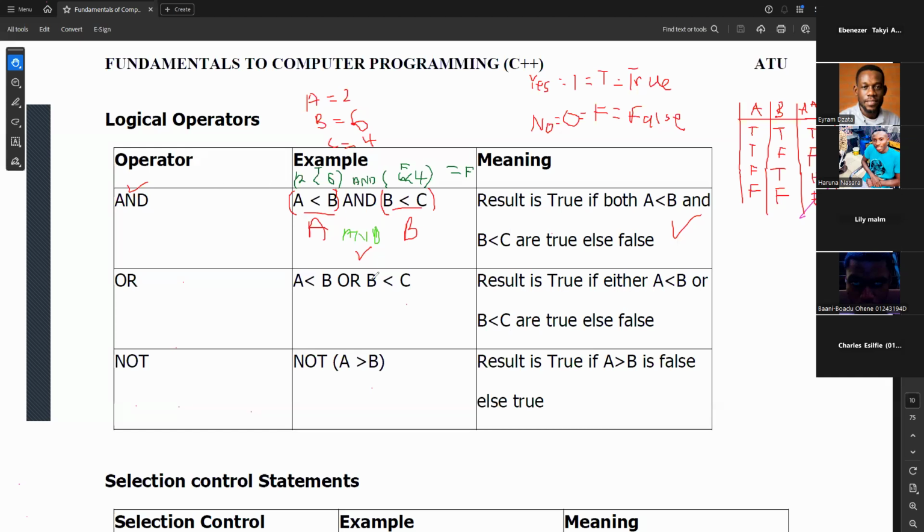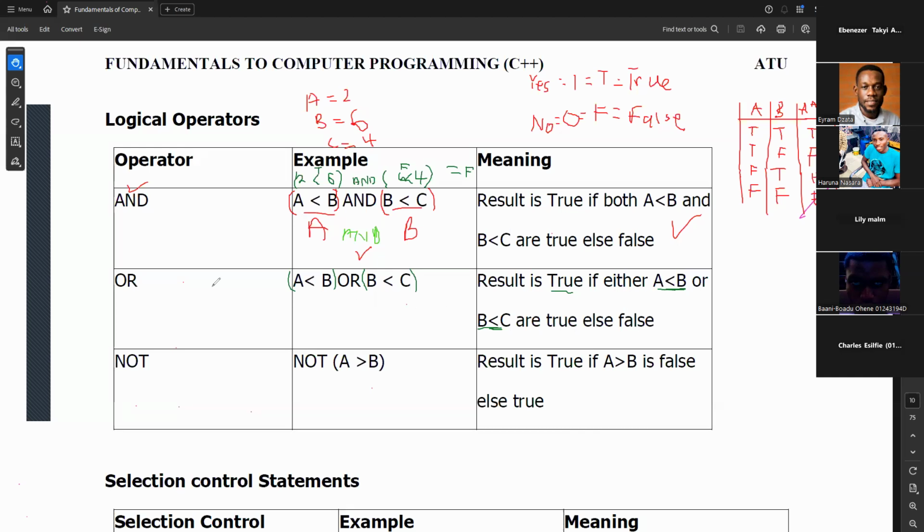All right. So let's move to the OR operator. The OR operator also is used to combine two or more expressions with relational operators. The OR operator says the result is true if either A less than B or B less than C is true, else false.